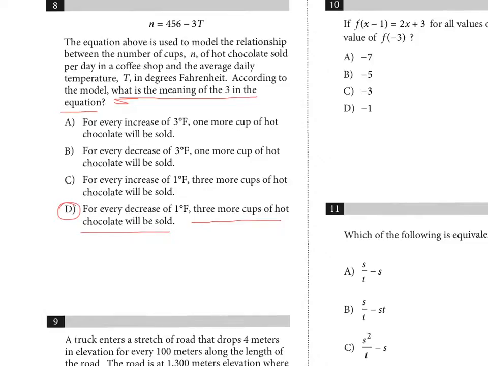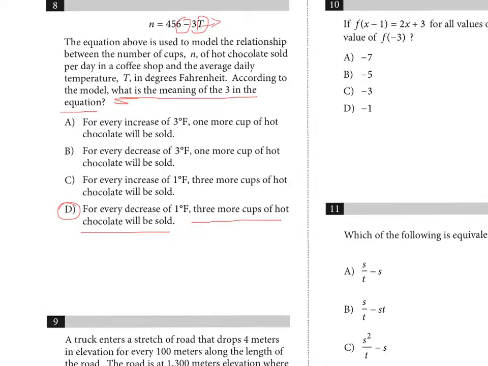So because it's 3 times T, and T is the temperature, right? T is the temperature. So for every, and it is minus, so minus means decreasing.